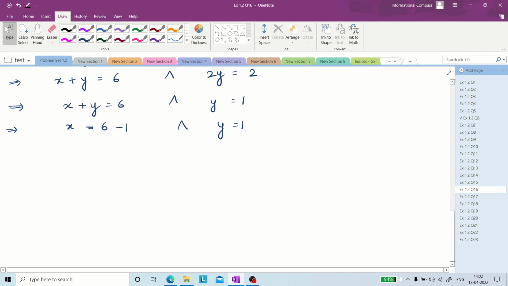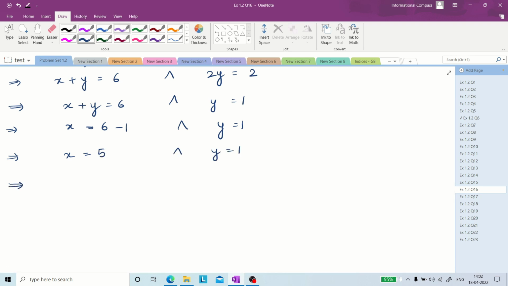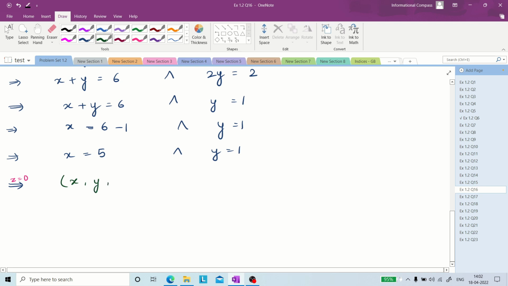A minute, I'll scroll a bit more down. Yeah. So this gives me x is equal to 5 intersection y equal to 1. This implies what? When z is equal to 0, you get your x, y and z equal to 5, 1, 0. I hope I'm clear with this.